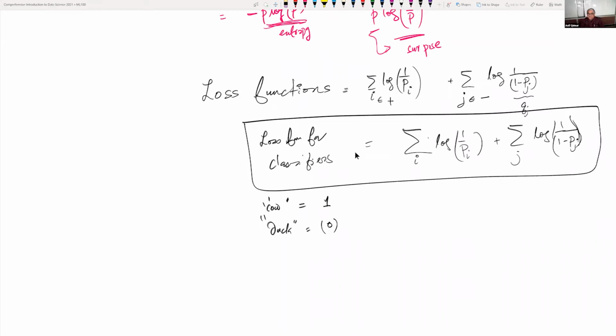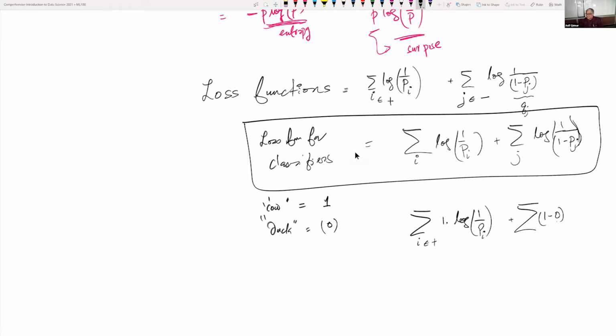So now let me just rewrite this. Summation i of log 1 over pi. And see the trick that you do. I'm perfectly okay to put a 1 here, isn't it? When it is genuinely a cow, belonging to positive cases. And when it is a duck, this is again 1, but I can write it as 1 minus 0.